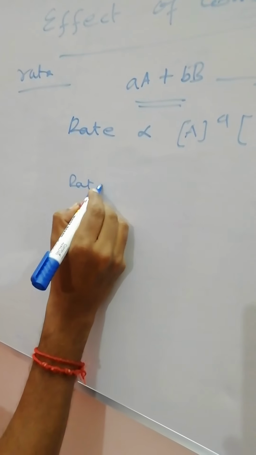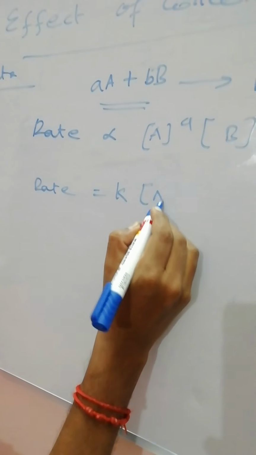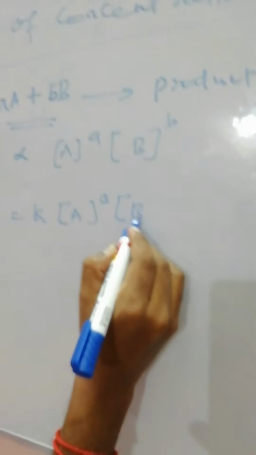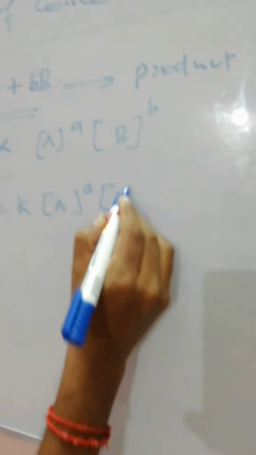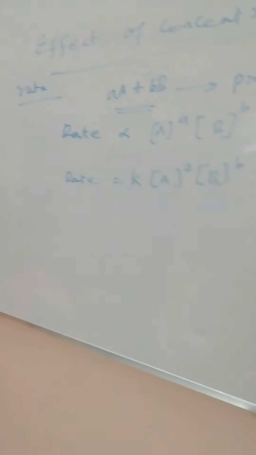Rate equals K into [A]^a [B]^b. K is called the rate constant, or velocity constant. It depends upon the nature of the reactant. This is the law of mass action.